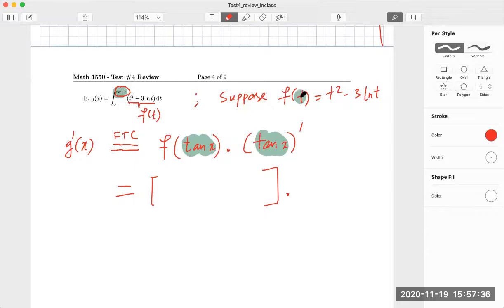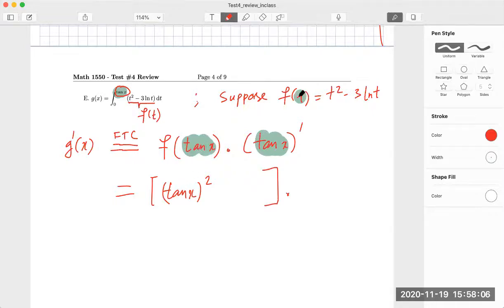In the definition of the function f, the variable is t, right? But now we replace t by 10x. So what is it? t squared minus 3 ln t? In this case, it would be 10x squared, right?